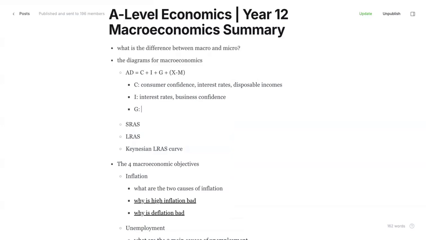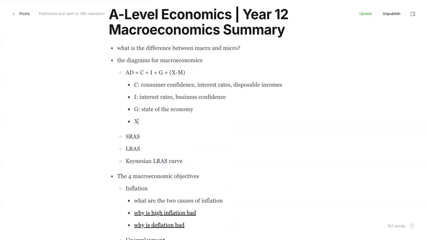Governments will spend more or less money depending on the state of the economy, and X minus M will vary based on the exchange rates and some other stuff as well. So if any of these things change, then one of these will change. And if one of these change, then this will change. And then you can just draw your diagram.